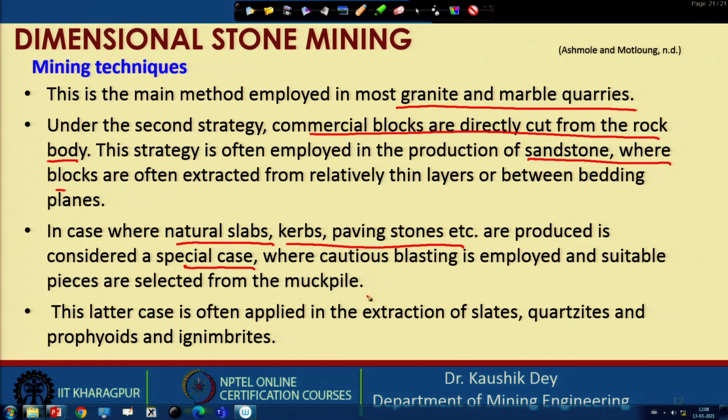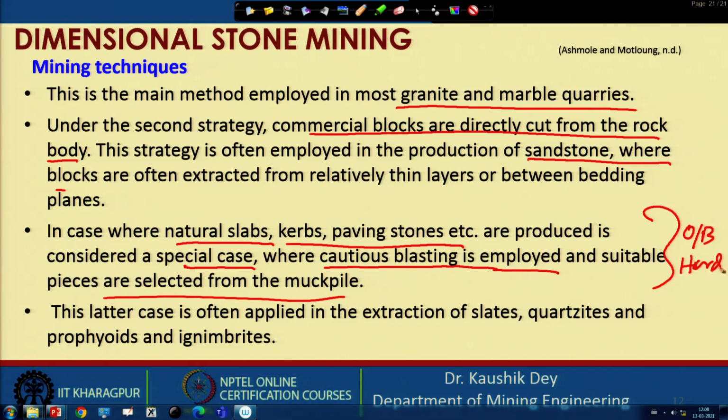In special cases, cautious blastings are sometimes used, but this is specially used for the overburden rocks sometimes if it is very hard. Otherwise, mostly blasting is prohibited. Blasting is prohibited in a dimensional stone mine.